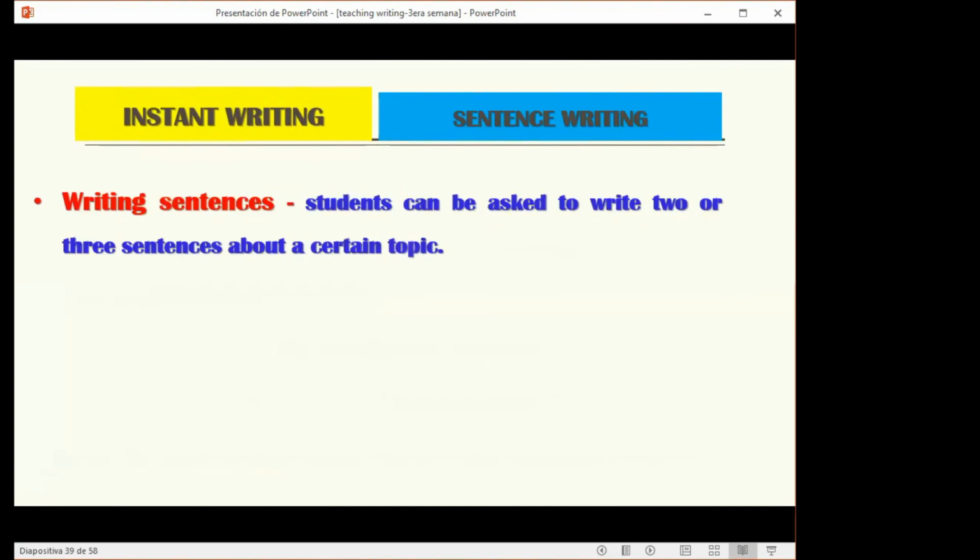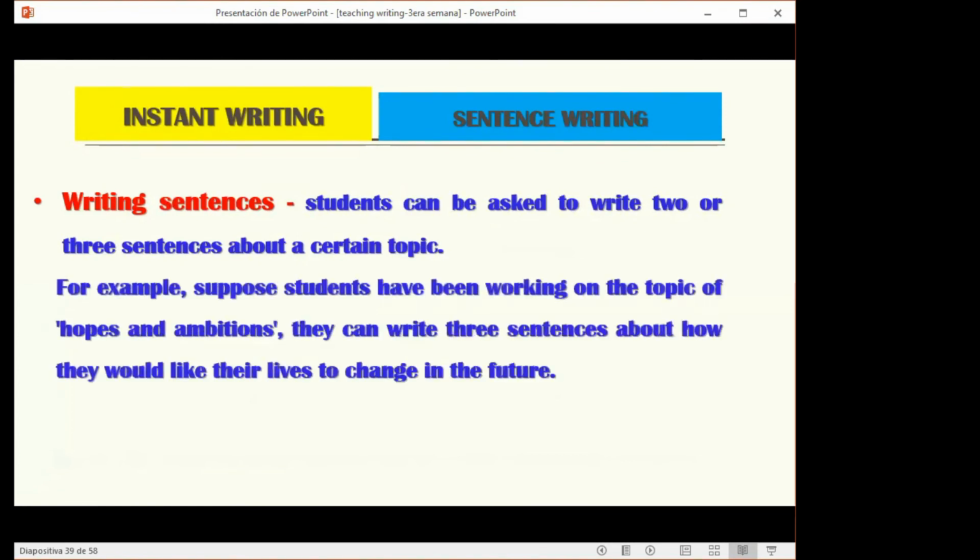Another one, writing sentences. Students can be asked to write 2 or 3 sentences about a certain topic. For example, suppose students have been working on the topic of hopes and ambitions. They can write 3 sentences about how they would like their lives to change in the future.